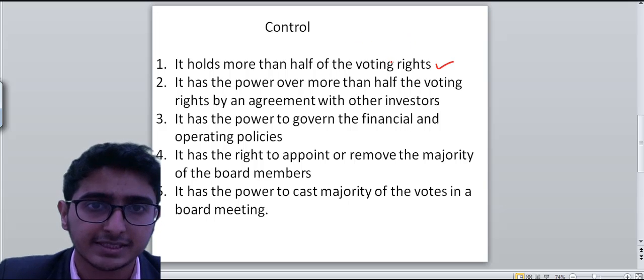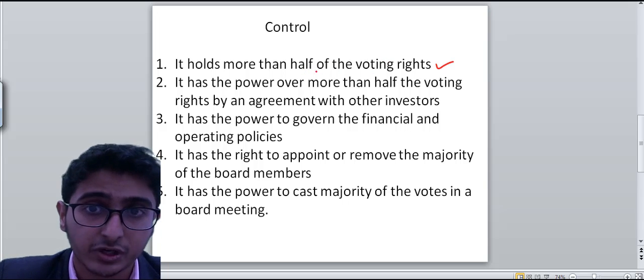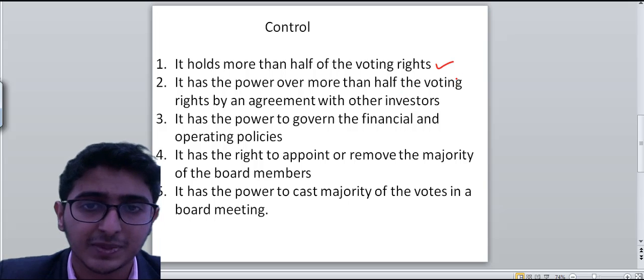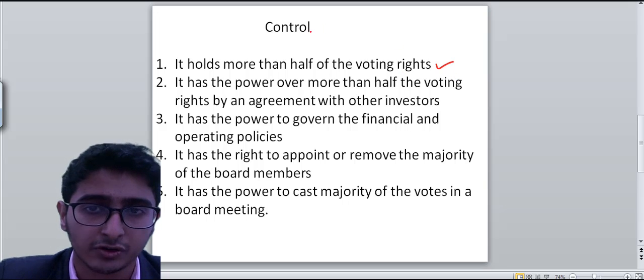The other criterion means it has the power over more than half the voting rights by an agreement with other investors. Say I only own 30%, but I have a good friend who also owns 30%, and I make an agreement with him, hey, why don't we join up and all our decisions will be united? This means together we have 60%. Remember, if anything is greater than 50%, this means I have control.